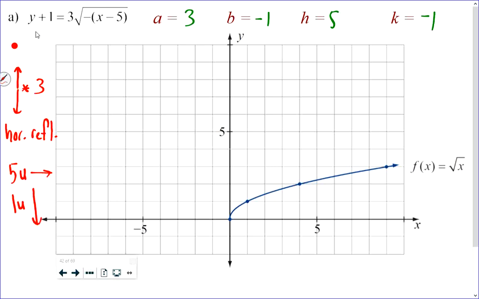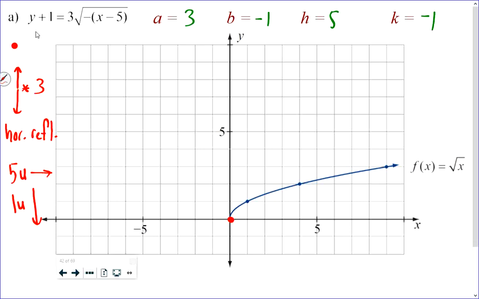Now, I'm going to start to cheat a bit here, and we're going to be doing this in a number of places in this course when it comes to a, b, h, and k. A and b have to occur first, right? That's the rule. But what's interesting or maybe important about this particular function is regardless of what a and b are, this point, which I can call the vertex, is not affected by a and b, because it has an x-coordinate of 0 and a y-coordinate of 0.